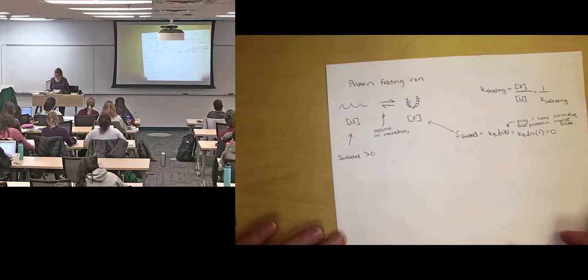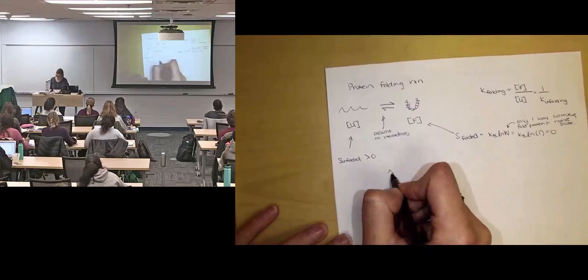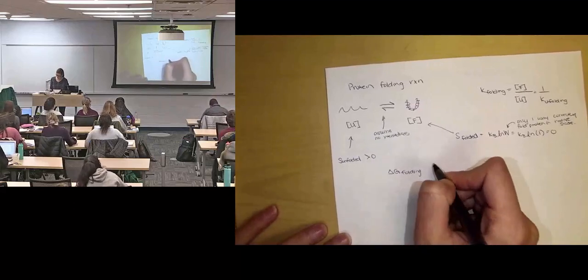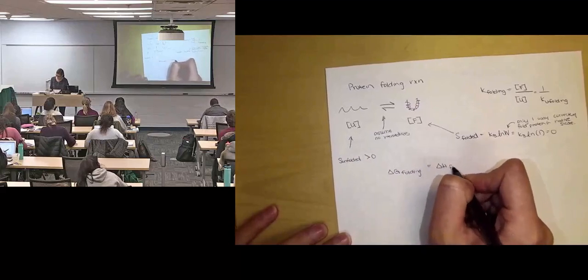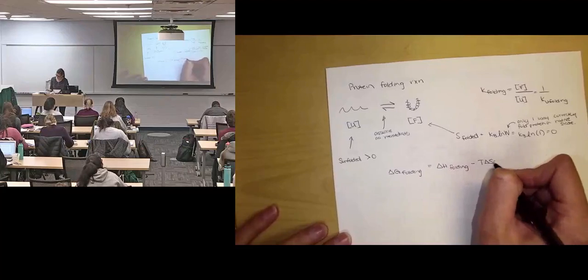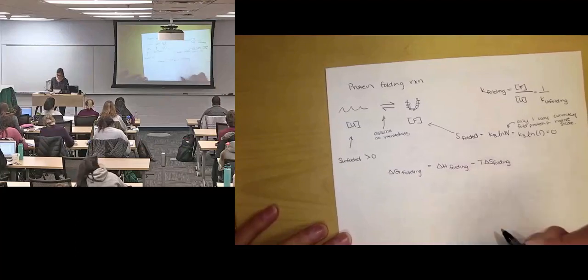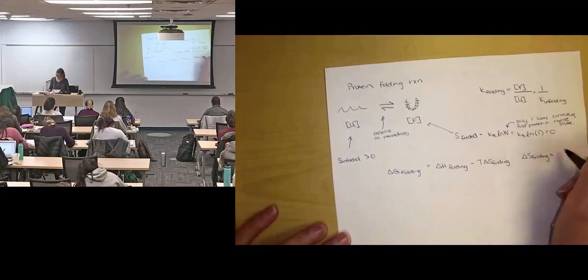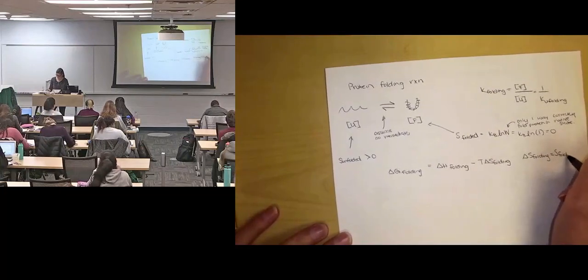So again, let's look at delta G for the folding reaction, which would be equal to delta H for the folding reaction minus T times delta S for folding. Delta S of folding is going to be equal to the product, the folded one, minus the reactant, the unfolded one.